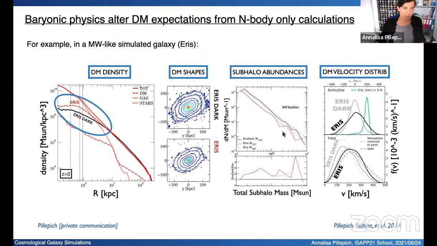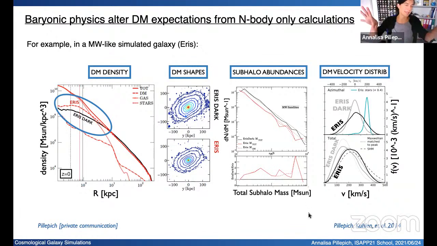Also of relevance for dark matter detection is, for example, the expected velocity distribution of the dark matter fluid as the Earth goes around the sun and in the galaxy. And this velocity distribution of the dark matter is very different if you do a dark matter only simulation or a full physics galaxy simulation.